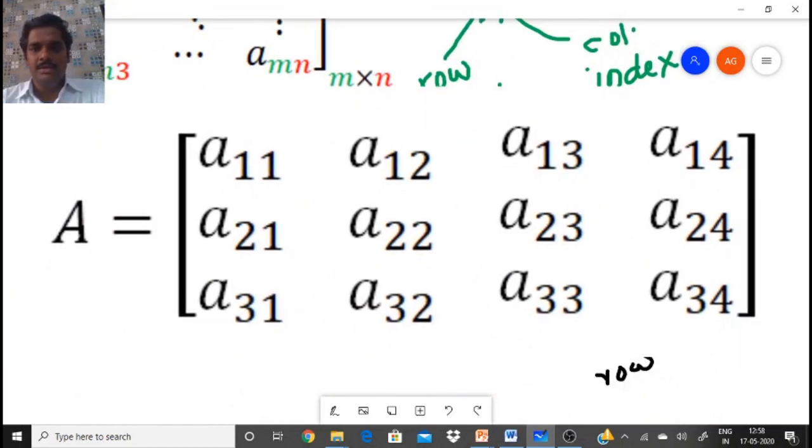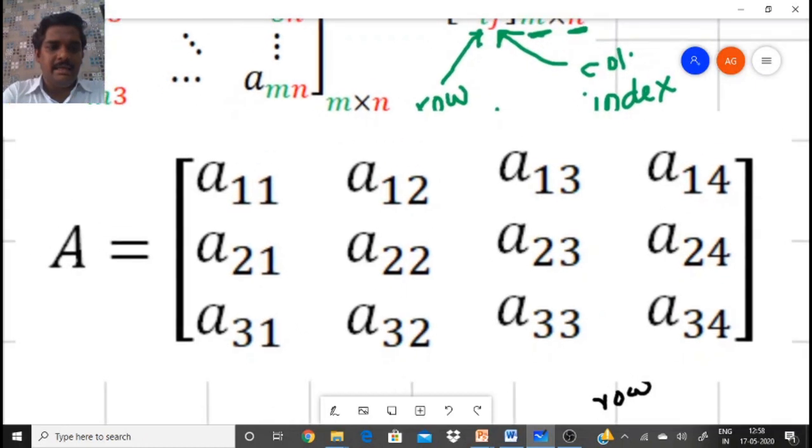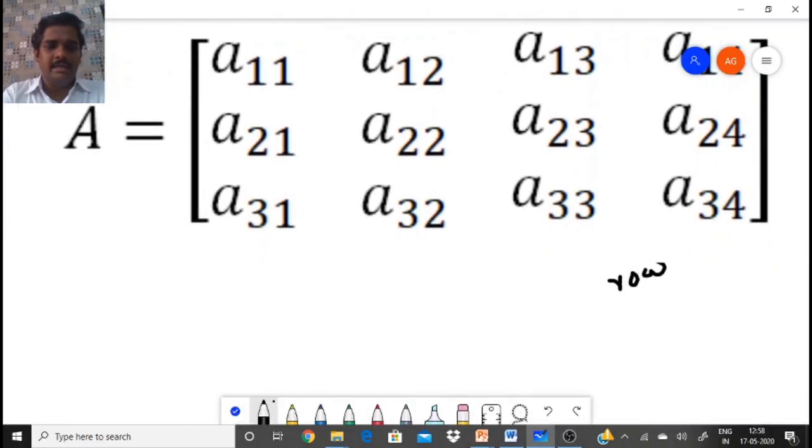Here I have a matrix of order 3 by 4. So suppose I pick, let's say, a31. So a31 is what?